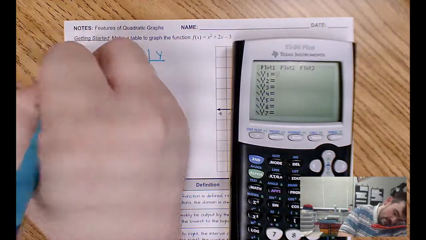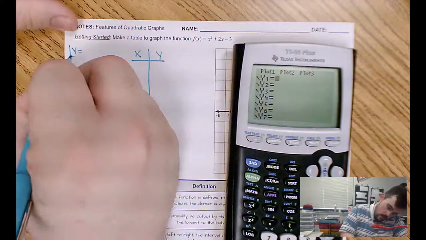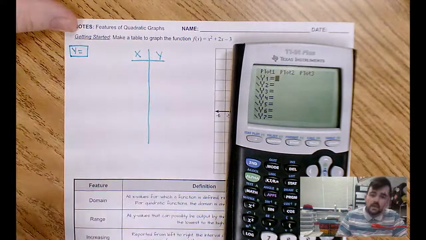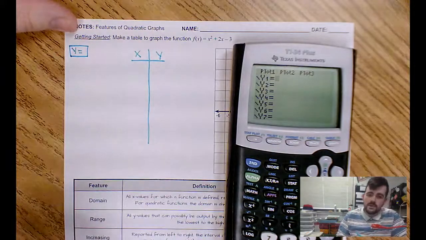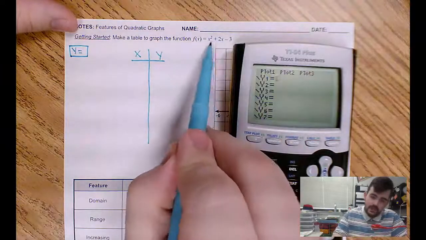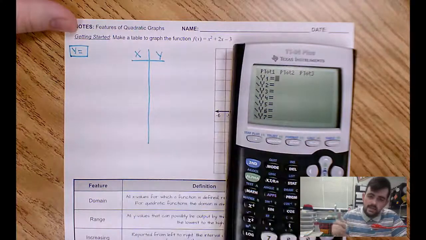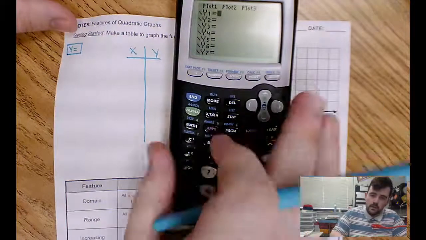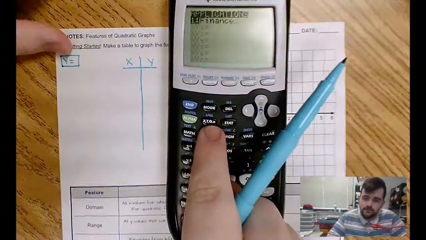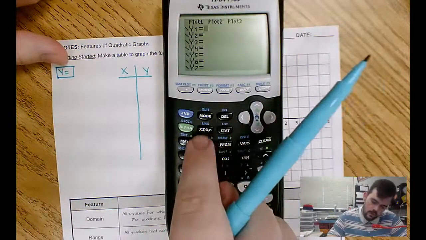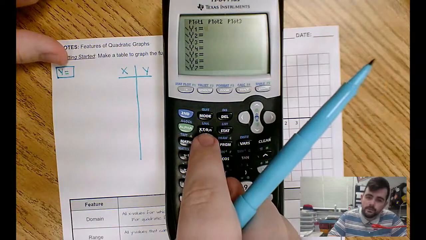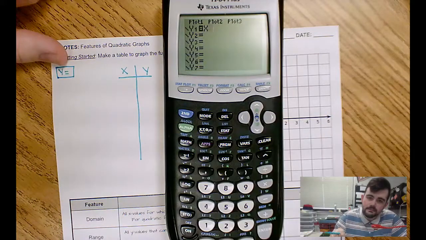I'm going to write these steps along the side here. Then, once you've hit the y equals button, type this function in, okay? Now, to get your x in, right here next to the green alpha button is where you get your variable x.